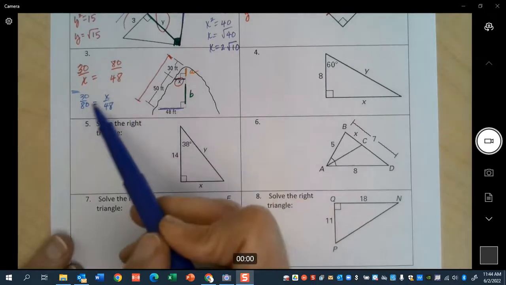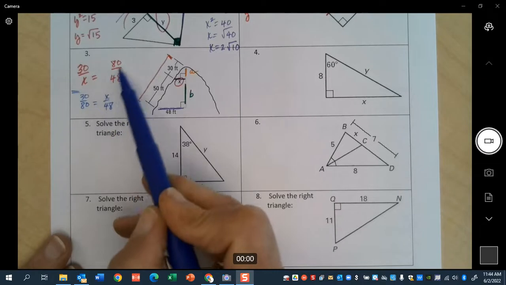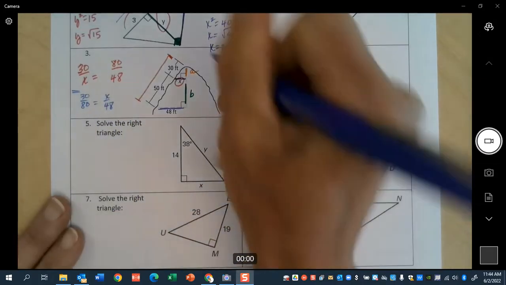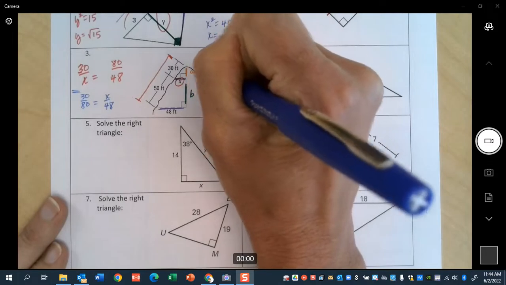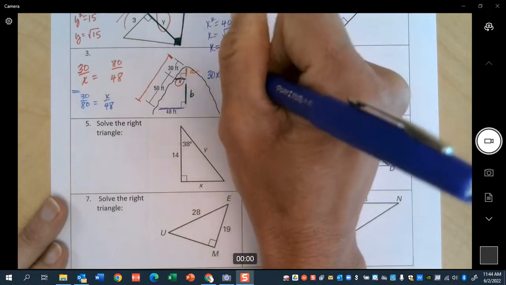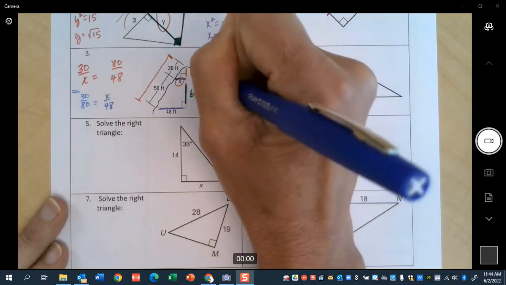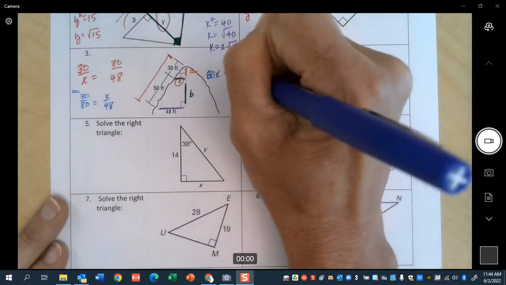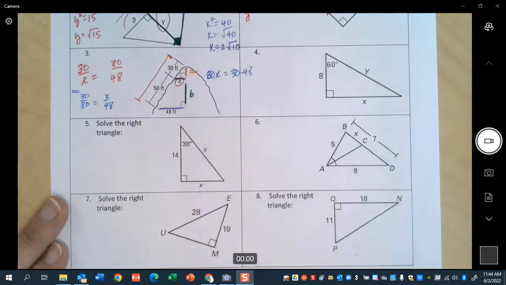Notice I just switched my means. Notice x and 80 just switched places. When I go to solve this, I'm still saying 30 times x, no, 80 times x is going to be equal to 30 times 48.